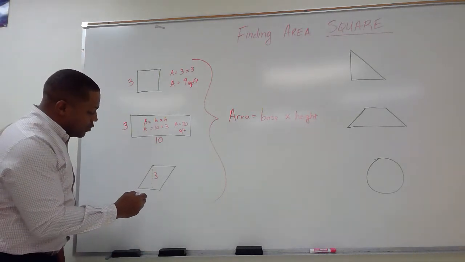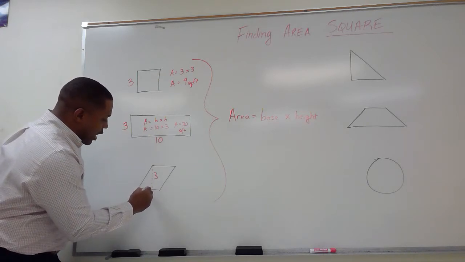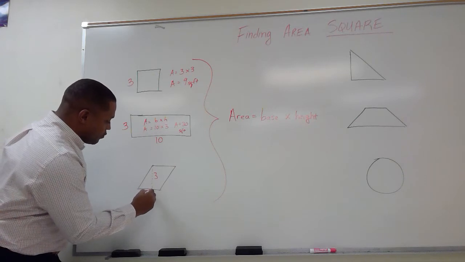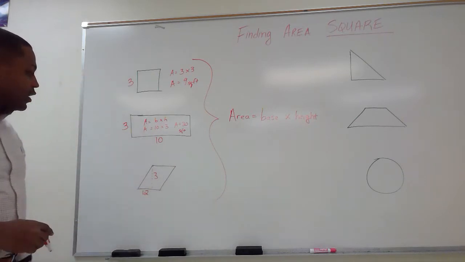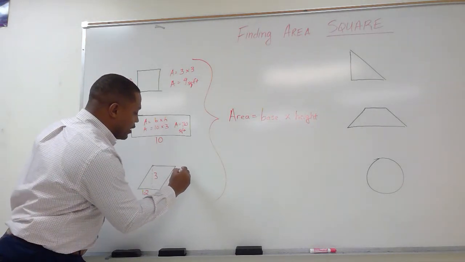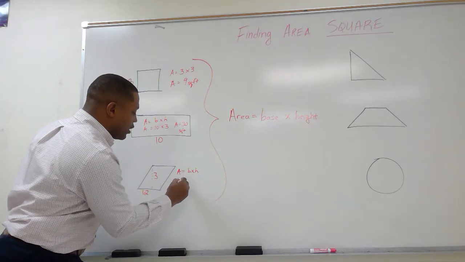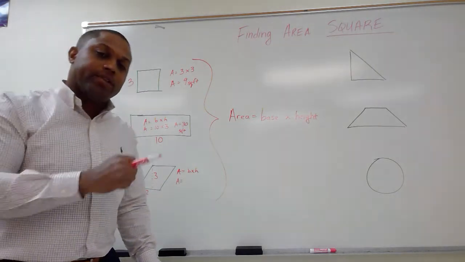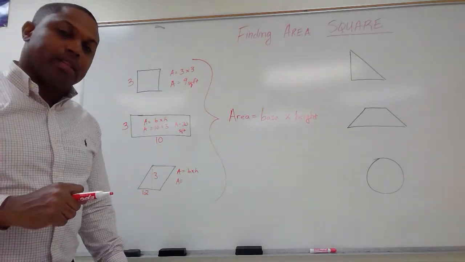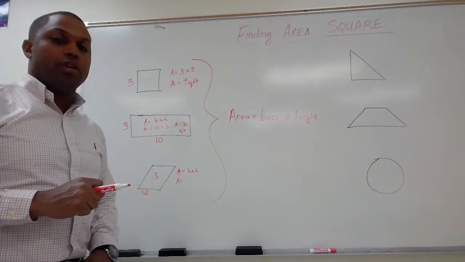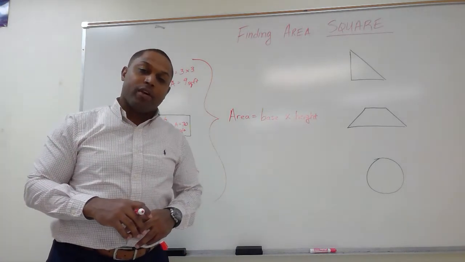And then we do need a base. So let's say this base is, I don't know, it doesn't matter, let's say it's 12. So we're going to have area equals base times height. Again, we're going to substitute the numbers that we are given and put them into the formula. That's what we're doing: taking the numbers that we are given and substituting them into the formula provided.